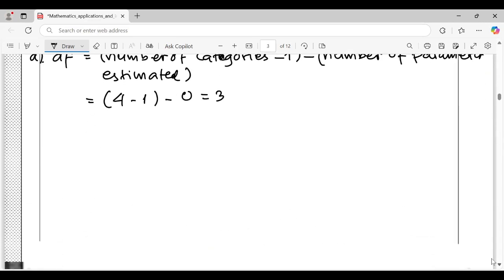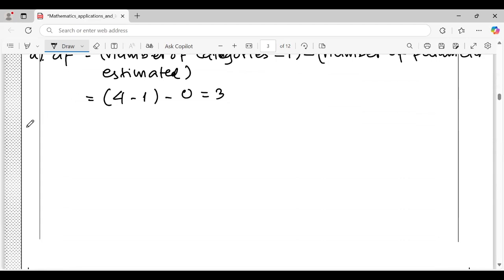Part E. I would like to begin with the observed and expected frequencies.